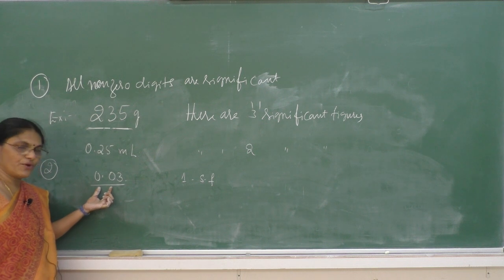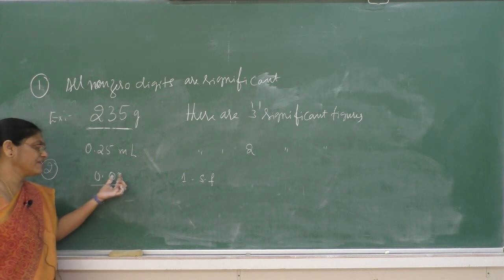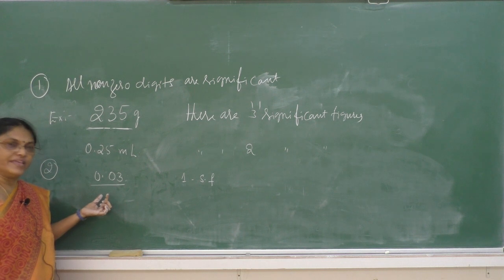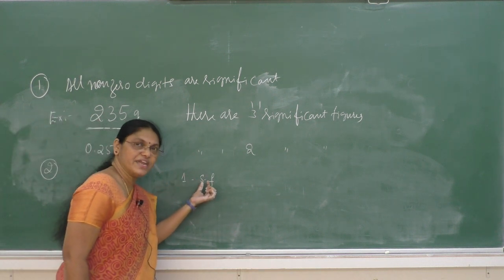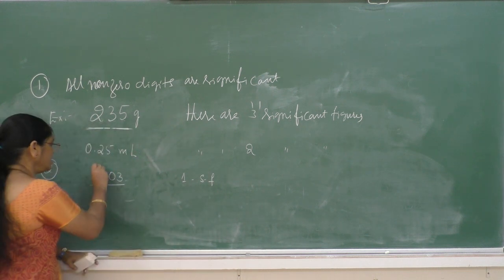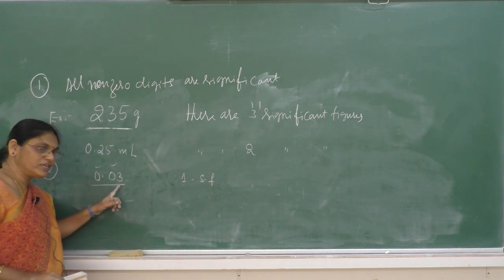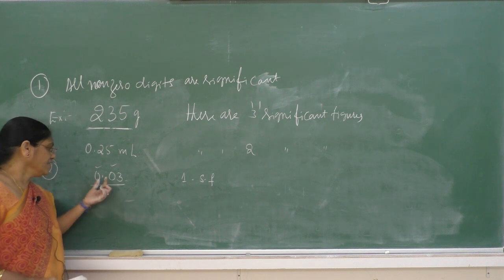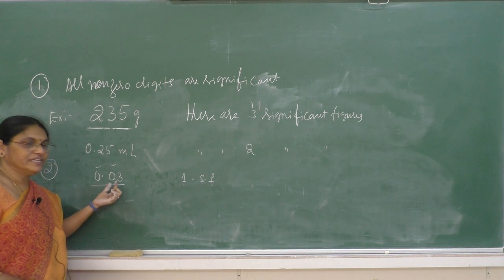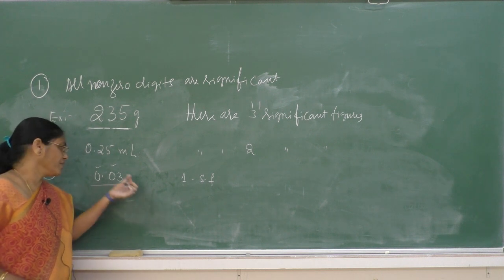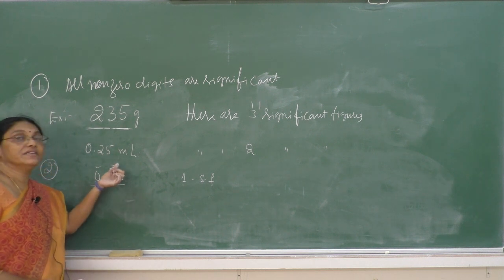So how many significant figures are there in this number? 1 significant figure. So these 2 zeros before the number 3 are not significant.